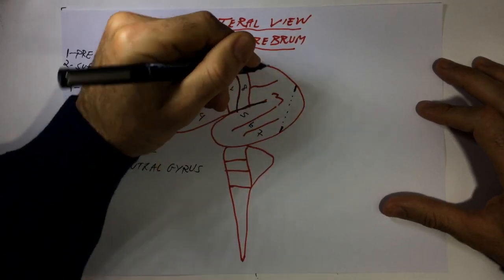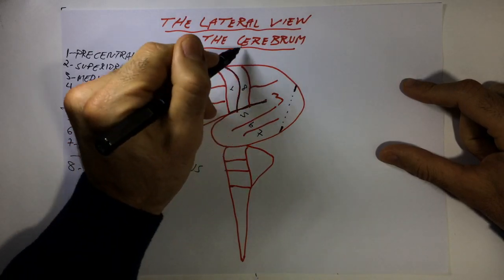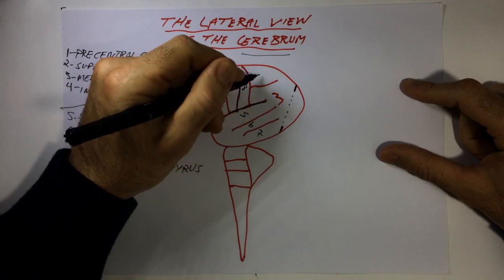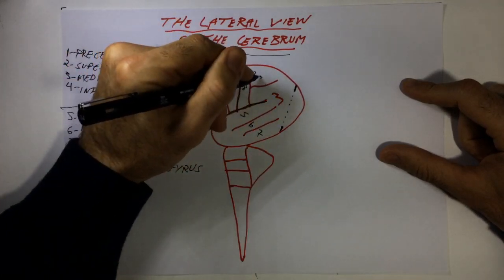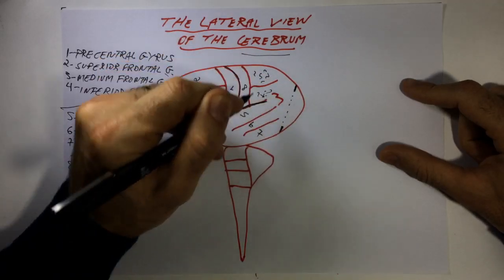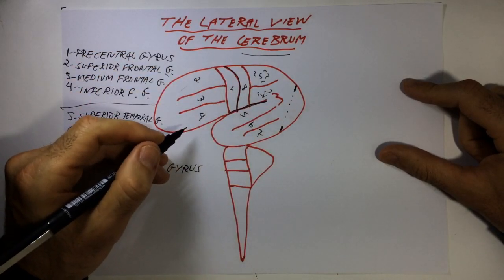And here we have a situation that it's the only part of the cerebrum where we have this kind of situation. Instead of having just one gyrus, we actually have a lot of different gyri here and down here. Most of them have no name.